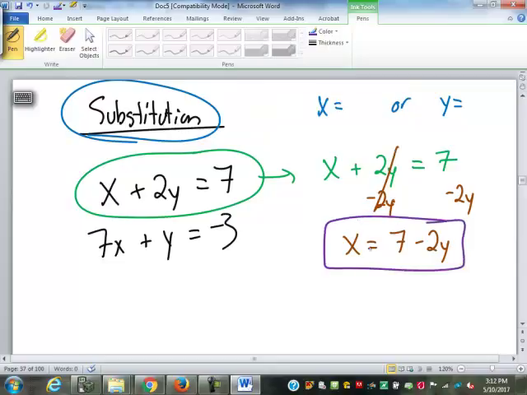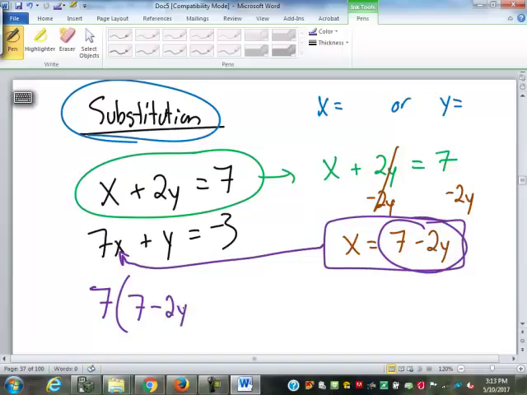What am I going to do with that? Yeah, I go back to the other equation and put that in for x. So instead of 7 times x, it's going to be 7 times (7 minus 2y). Good. I still have plus y and equals negative 3.